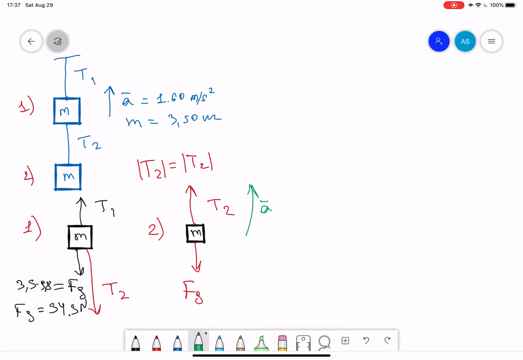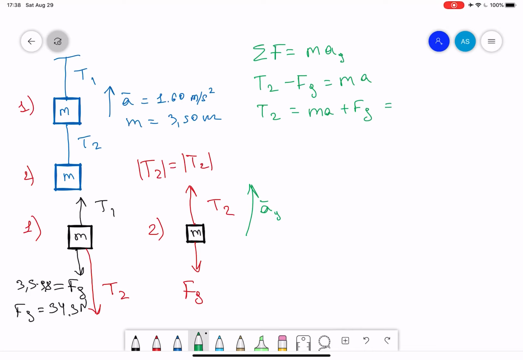Using Newton's second law, we can say that the sum of the forces is equal to ma. We have to keep in mind that it's only moving in the positive y direction. So the sum of the forces on box 2: we have tension 2 minus Fg, which is equal to ma. From here you can find T2, which is ma plus Fg.